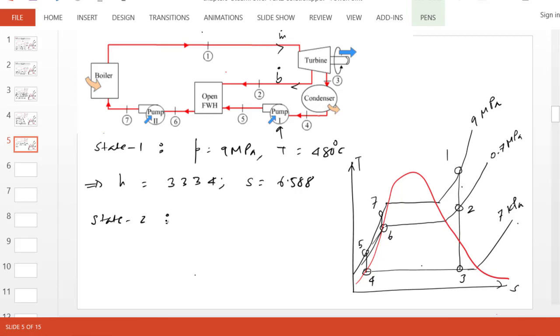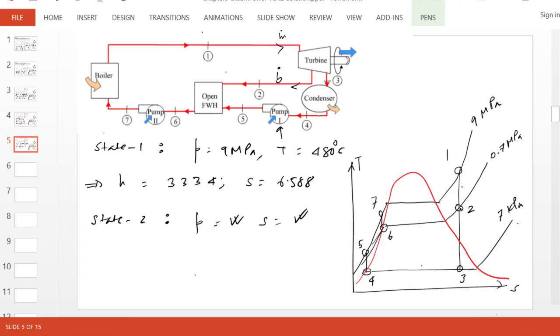Again, state 2, we know the pressure, and because the entropy is now known, I'll just put a double tick to show that we know the values. So if you know the pressure and entropy, we can figure out enthalpy. It's a little more difficult manually solving when you know pressure and entropy.